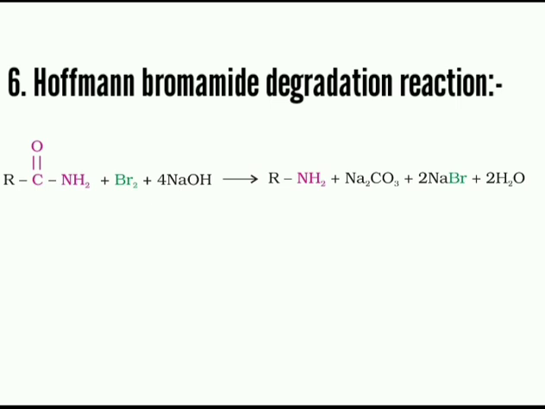But one main point to be remembered here is that the amine produced contains one carbon atom less than the parent amide. The equation can be balanced by writing the products as 2 molecules of sodium bromide, 1 molecule of sodium carbonate and 2 molecules of water.